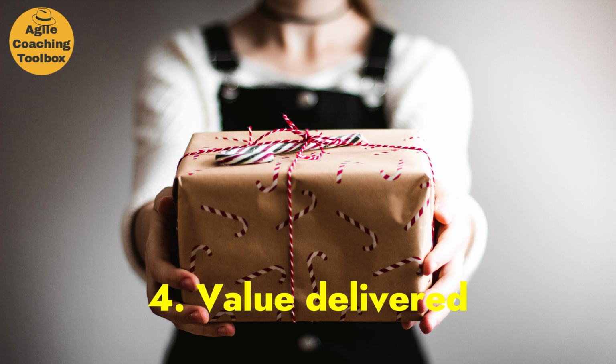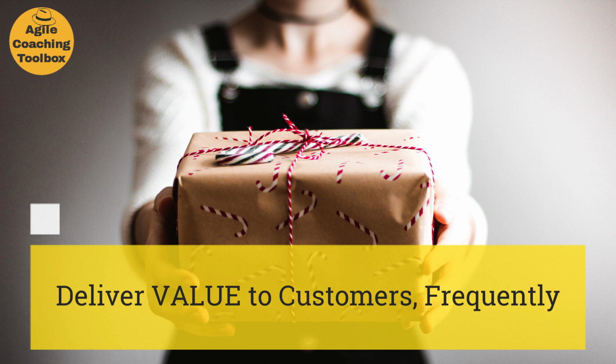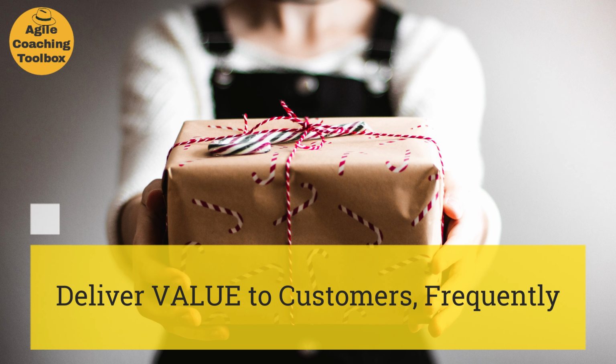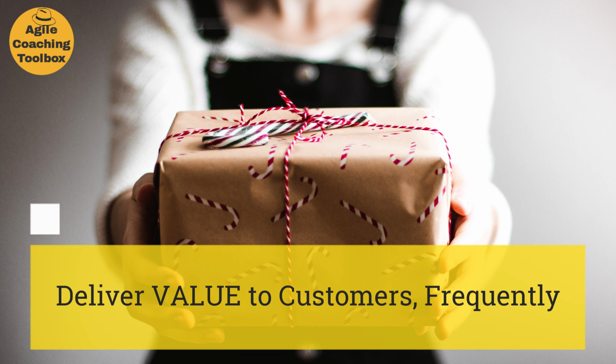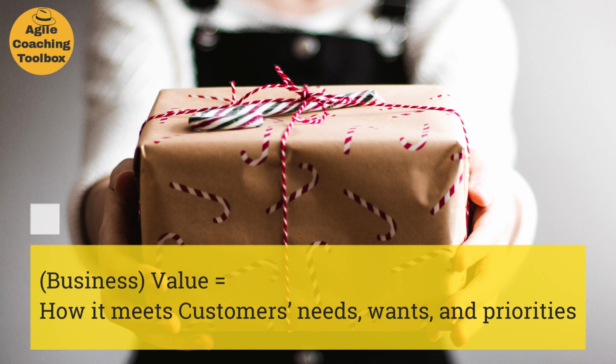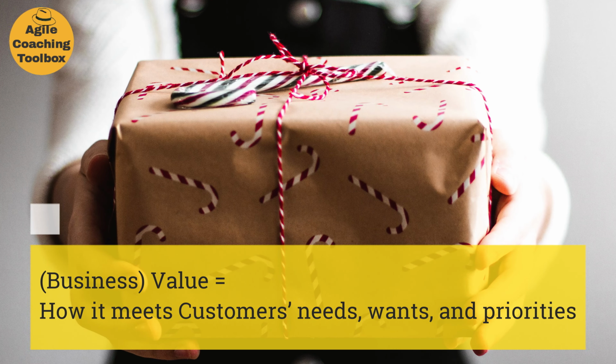In Agile, the goal is to deliver value to the customer as quickly as possible. This value is delivered in the form of features and functionality, which are implemented in small increments. The value of a feature or functionality is determined by how it meets the needs and priorities of the customer.